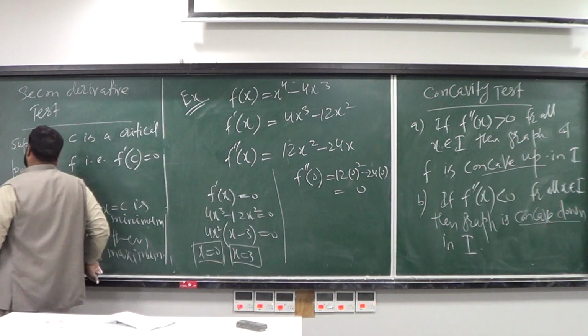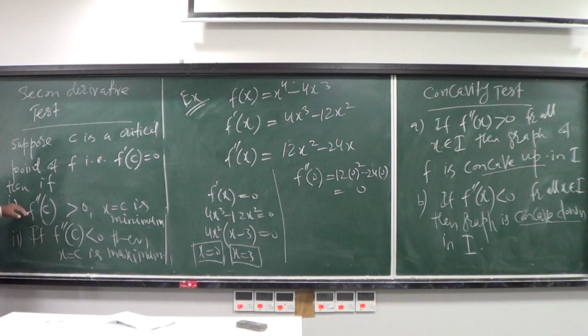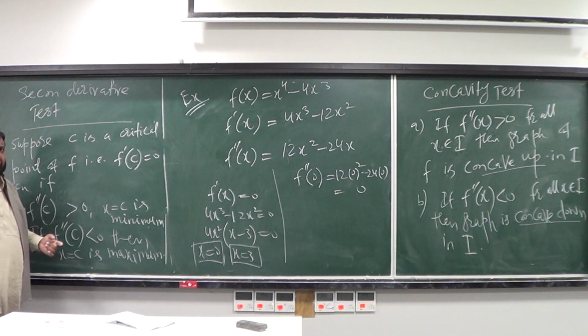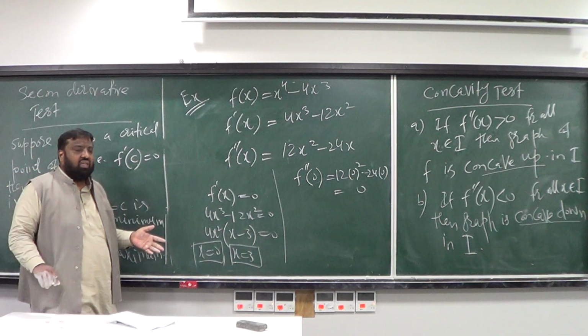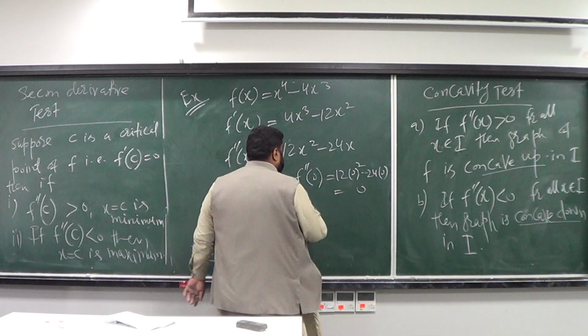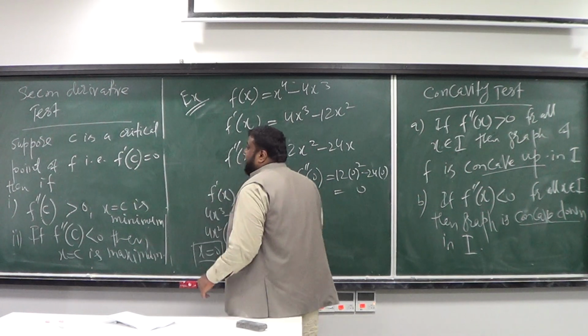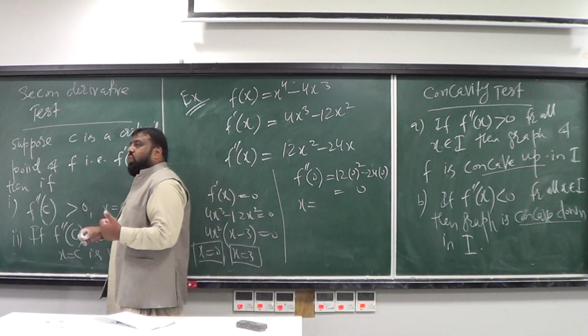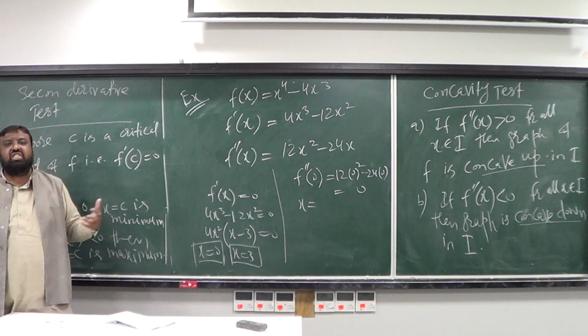In the test, we talked about when f double prime of c is positive. We talked about when f double prime of c is negative, but we didn't talk about when f double prime of c is 0. Because when f double prime of c is 0, you say, aha, this is a place where the function is not changing its behavior.